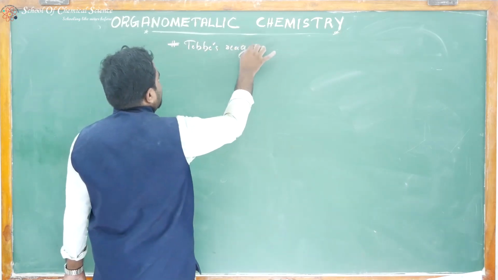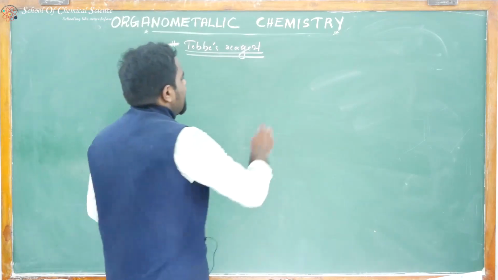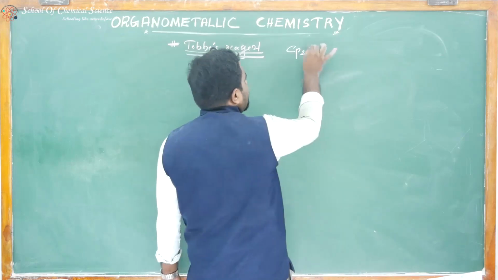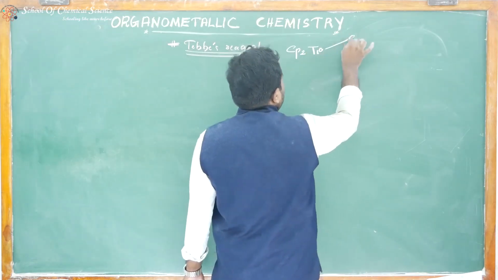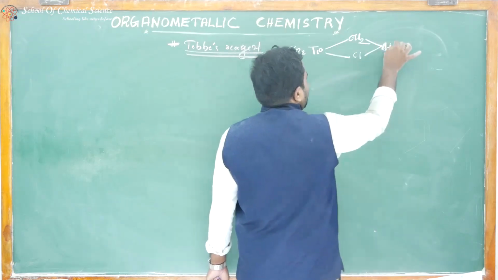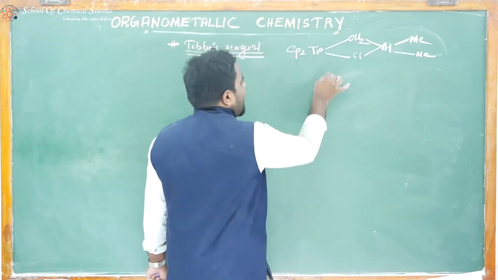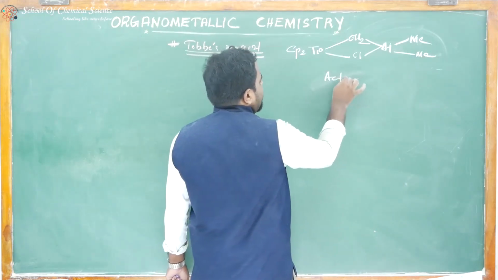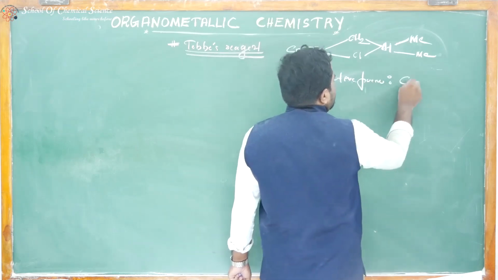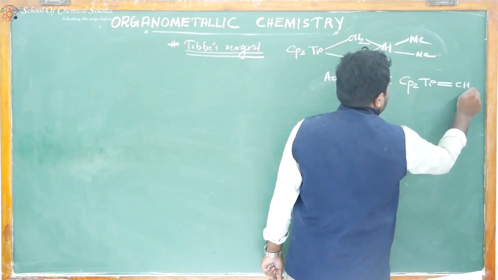What is the structure of Tebbe's reagent? Titanium based catalyst, Cp2, Cp cyclopentadienyl, titanium, CH2, chlorine, here aluminium, methyl, and the active form of this catalyst is Cp2Ti=CH2.